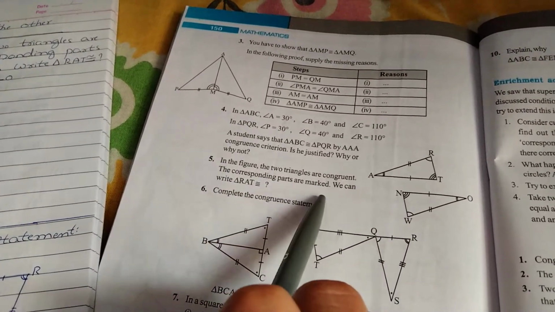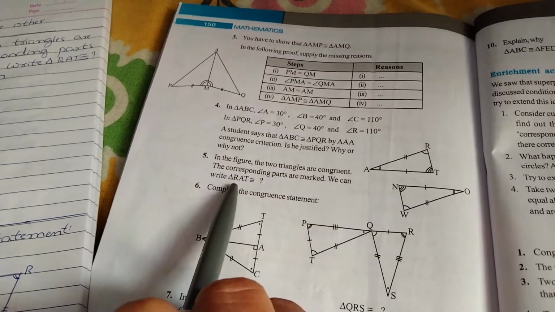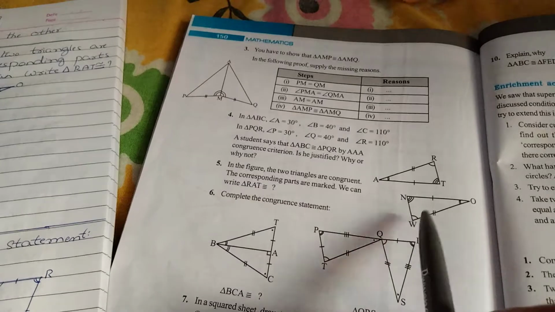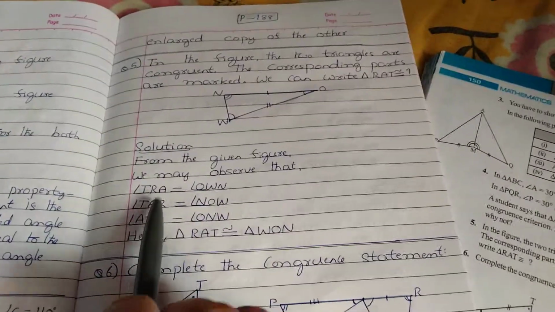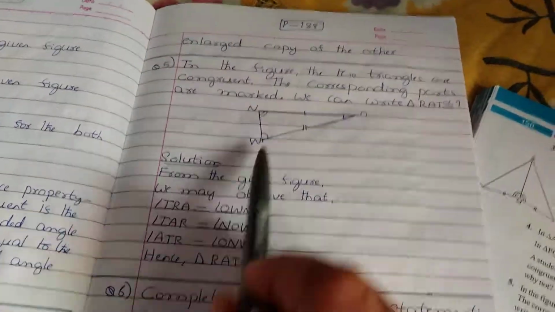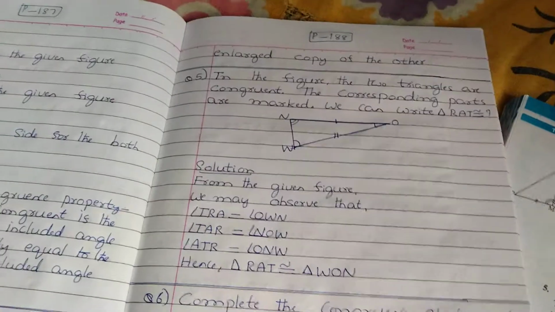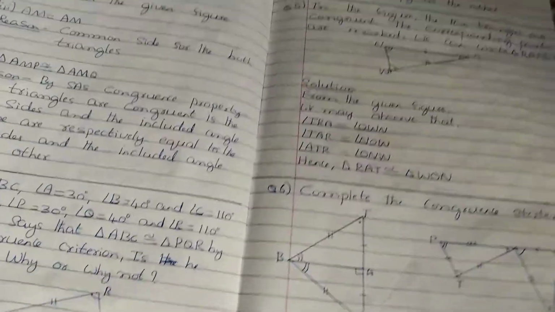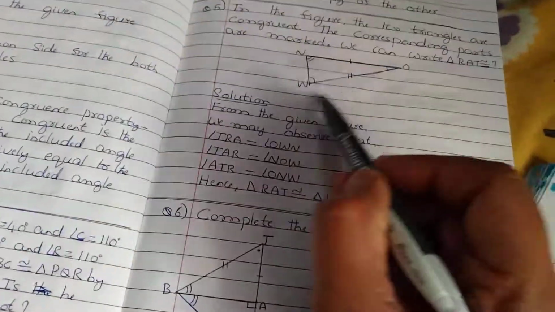The corresponding parts are marked. We can write triangle RAT is congruent to, so we have to mention here. Solution: from the given figure, we may observe that angle TRA is equal to angle OWN.